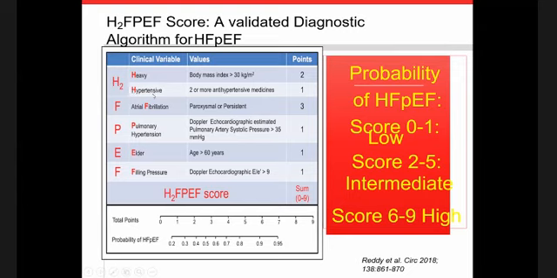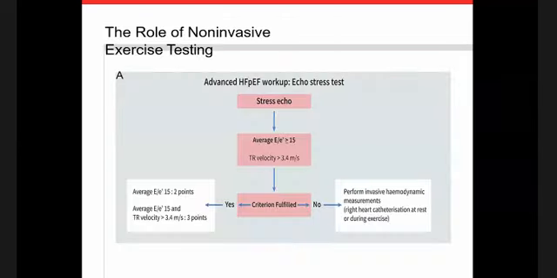If the person is heavy, hypertensive, with atrial fibrillation, pulmonary hypertension, elderly, increased E by E prime ratios, then you can easily diagnose heart failure. The European Society also has a similar acronym, which we can look up, HFpEF, and it actually tells you the steps in which you can diagnose heart failure by simply remembering this acronym.